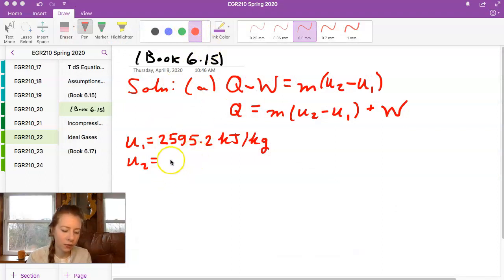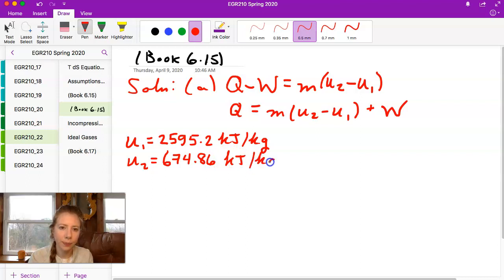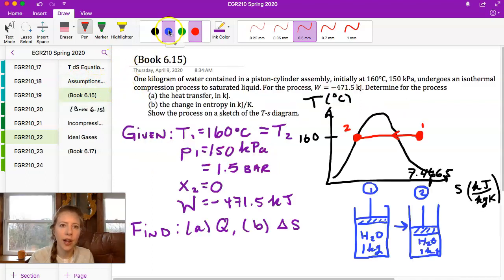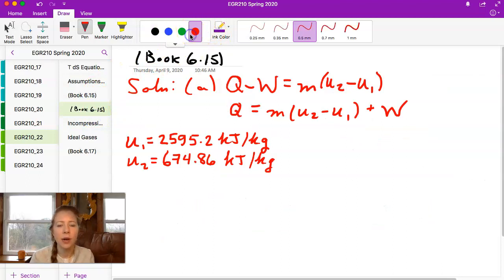So for U2, we have 674.86 kilojoules per kilogram. And for S, we have 1.9427. Okay, so we're almost there. Now we just have to plug in. We have everything we need.